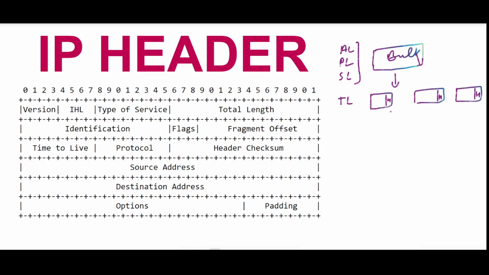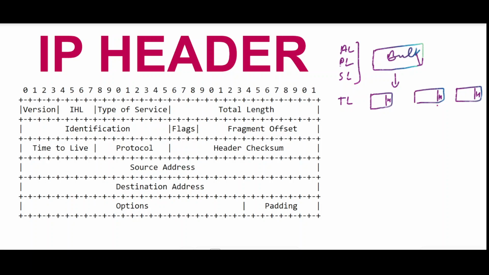For the facility and convenience, and to provide the best way of communication, and to reach each and every piece of data reliably and trustworthily, we need some information about each segment.